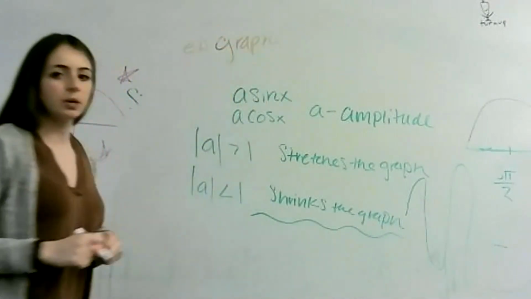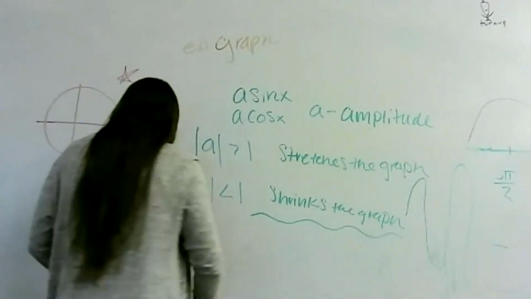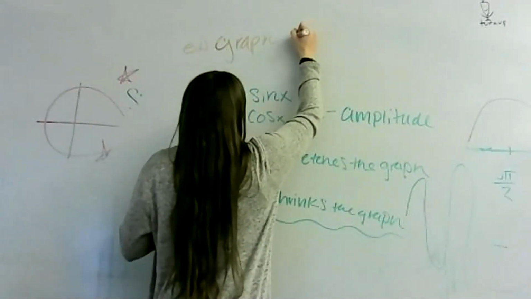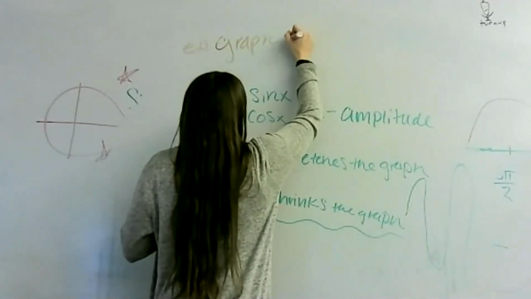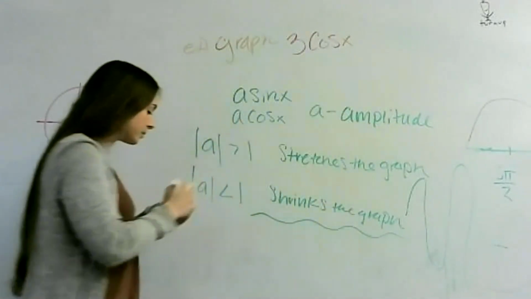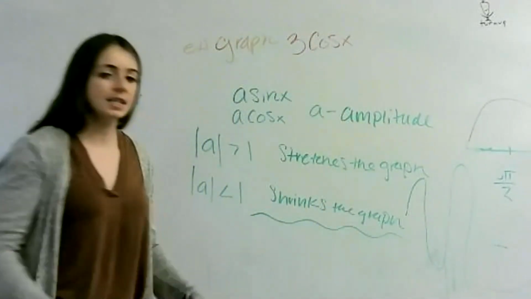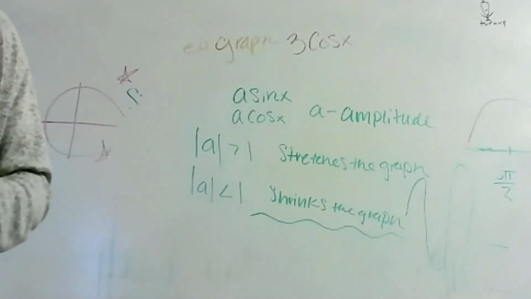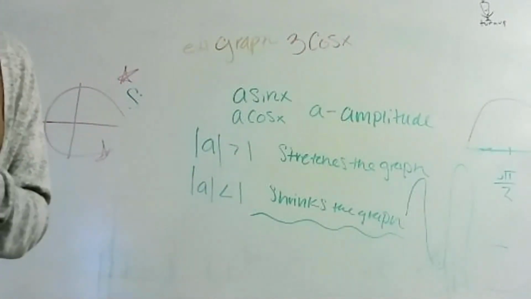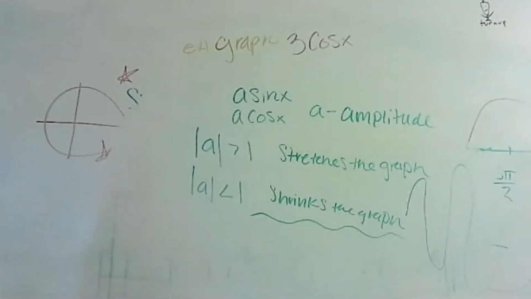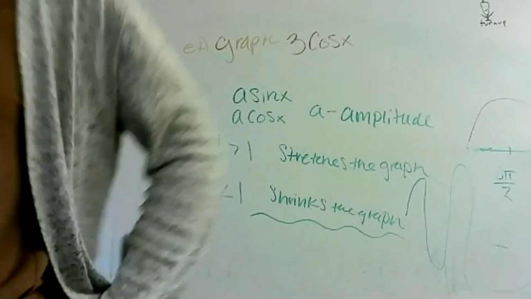I showed you mostly what happens with a sine function. So I want you to go ahead and graph 3 cosine of x. Keeping in mind, it's the exact same cosine graph, only you go up 3 and down 3 on that y-axis now. Do you guys think you can do that?